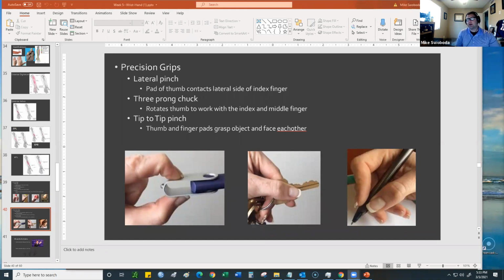And then how many for a precision grip? Would it be more for power than precision? Yes, why?